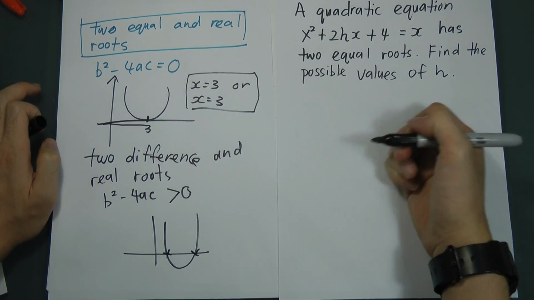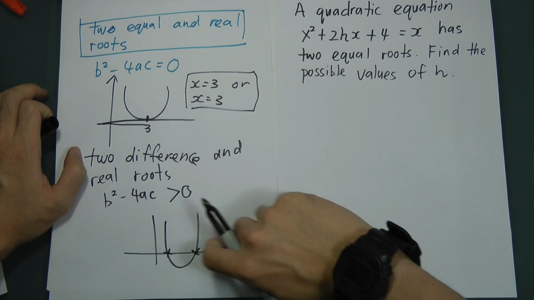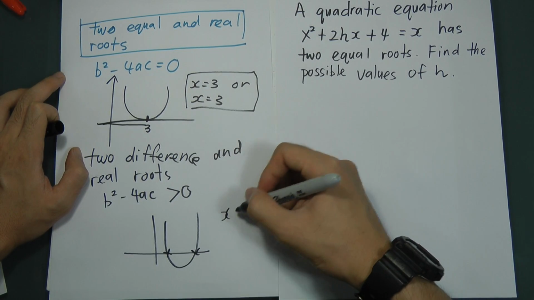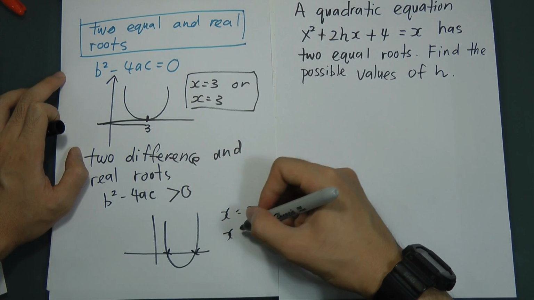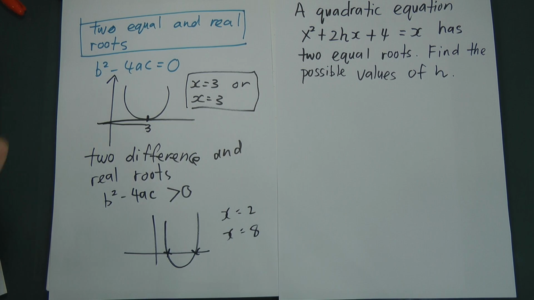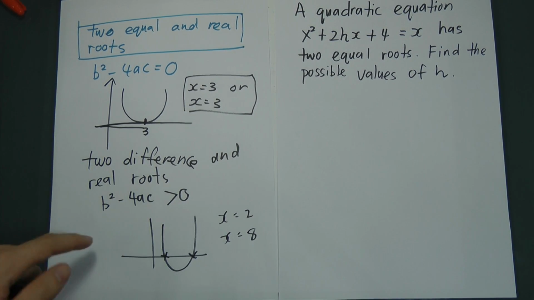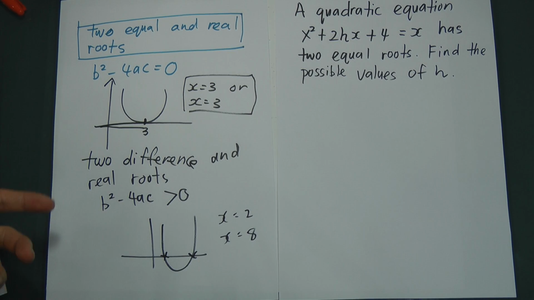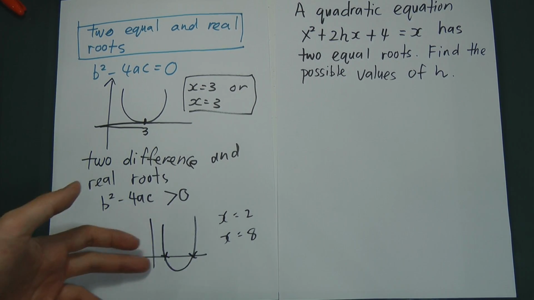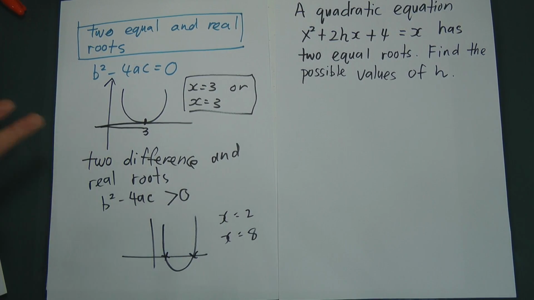So you get two different answers for x, maybe x will equal to 2 or x will equal to 8. This means two different and real roots. Both also have real roots, meaning they touch the x-axis.